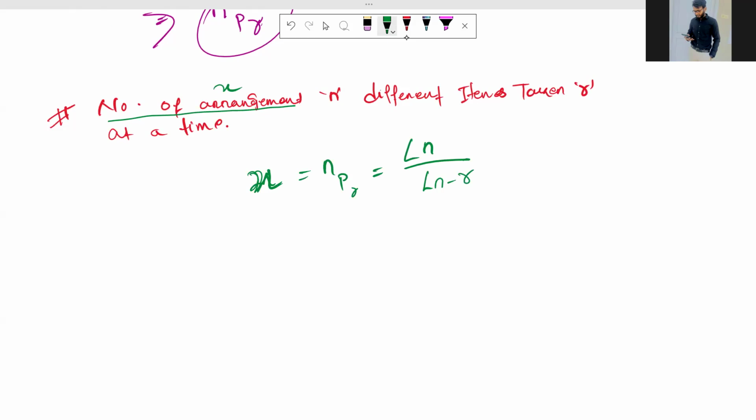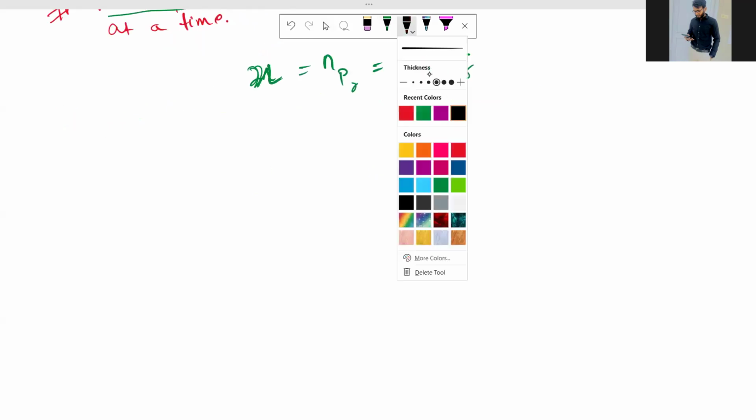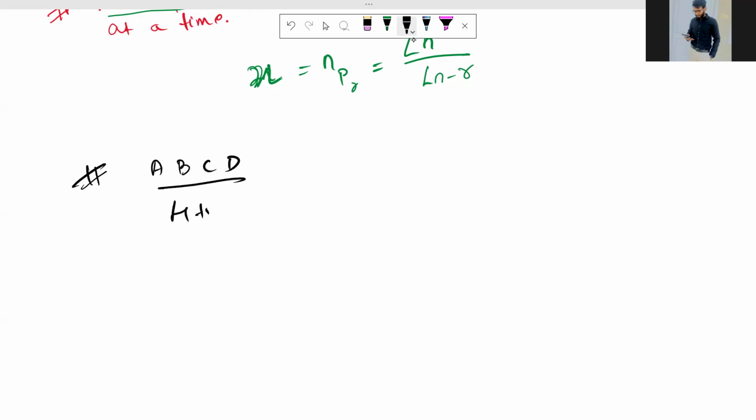Now same way, I'm solving one question. Total 4 items are there, A, B, C, D. Now how many at a time? Let's assume 3 at a time.